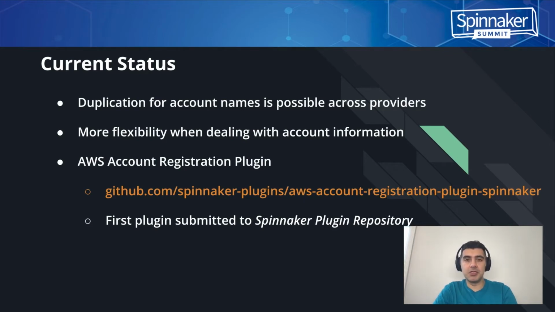This implementation is also intended to serve as a reference point for other third-party services or registries that you may want to have for your Spinnaker deployments. So if you're interested, feel free to go take a look at the link provided here and see whether you can actually utilize it for your own purpose.